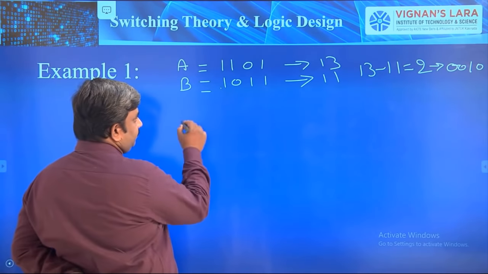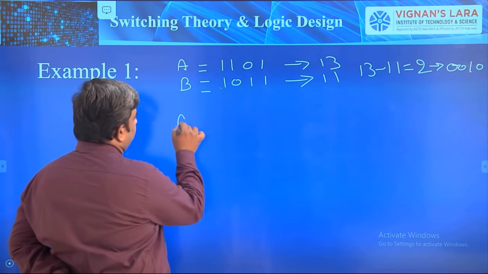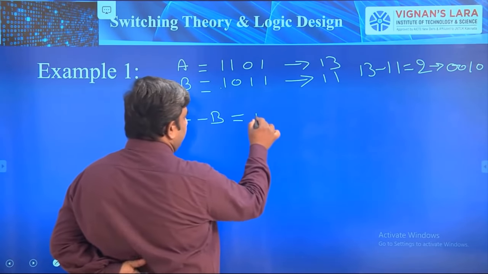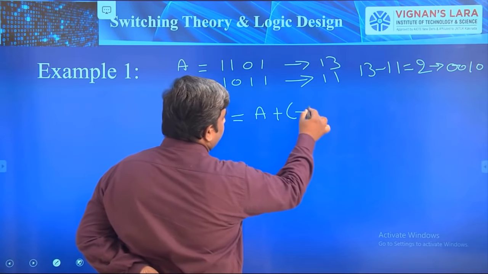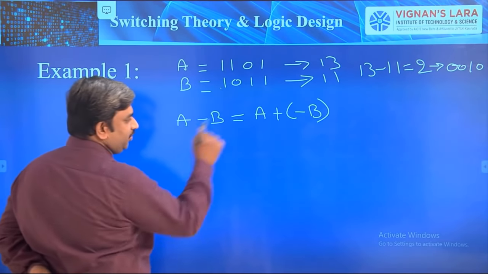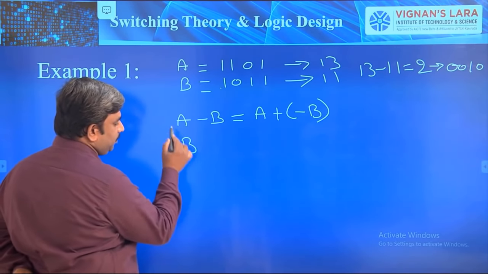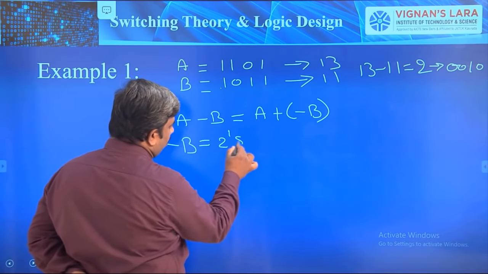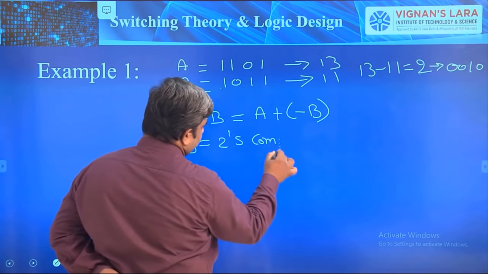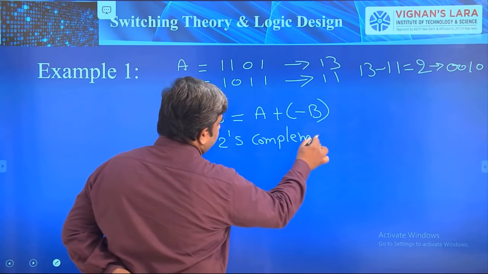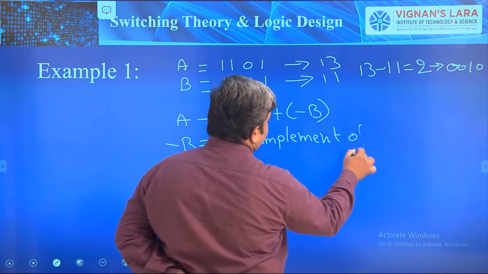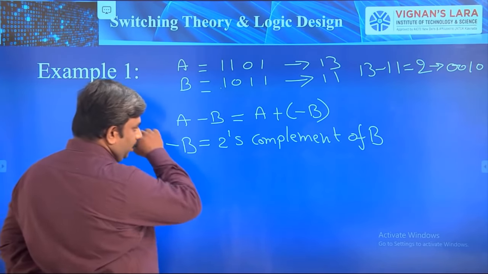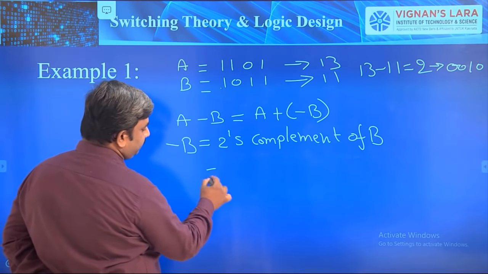Here we have to perform the A minus B operation. I am writing A plus of minus B. So first I have to find minus B. What is the value of minus B? Minus B is equal to the 2's complement of B. What is B?